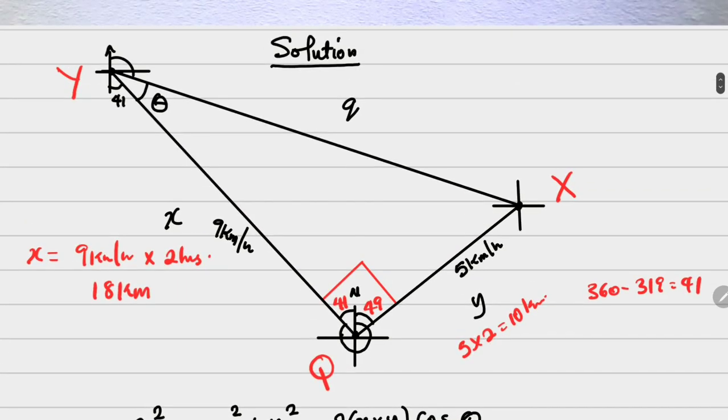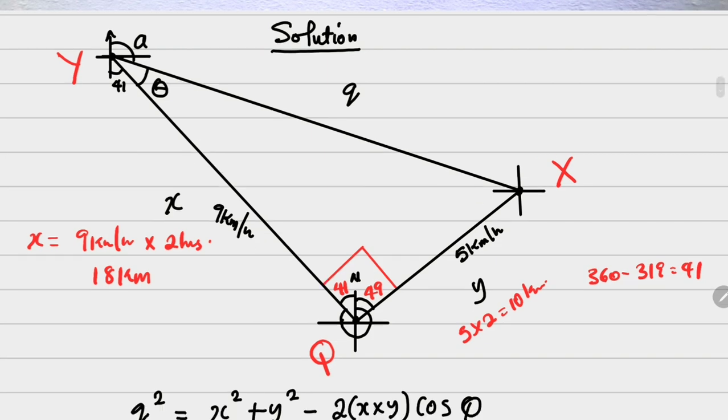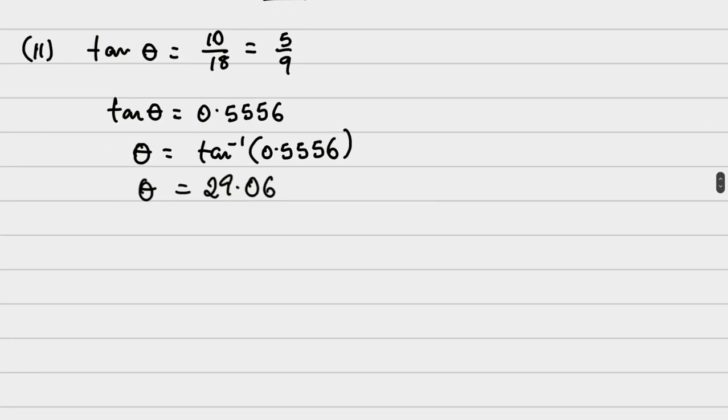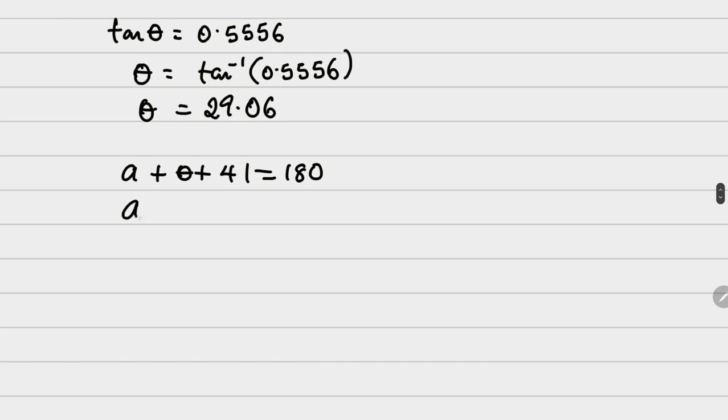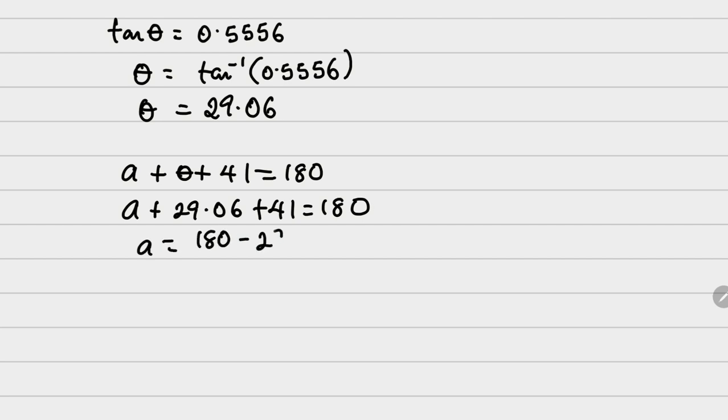Since I have it, you can now see that, let's say this bearing is A. I can see that A plus theta plus 41 is equal to 180, angles on a straight line. So I'm going to have A plus theta plus 41 is equal to 180, and it's A that I'm looking for now. A plus 29.06 plus 41 is equal to 180. So A is 180 minus 29.06 minus 41.